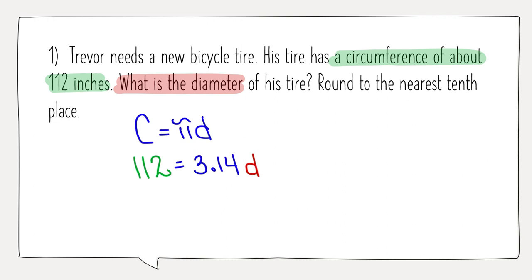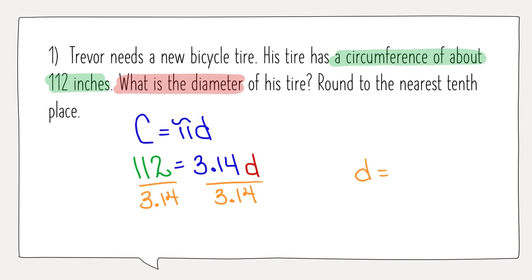How do we find diameter if we're given circumference? Divide the circumference by pi. Very good. So we divide by 3.14, circumference divided by pi. And we're going to get the diameter.